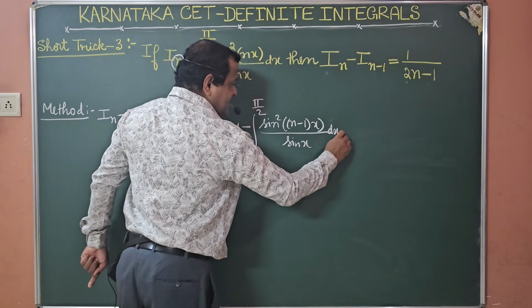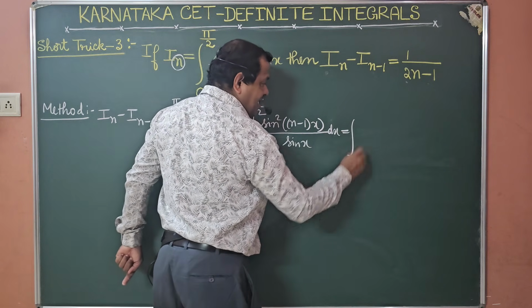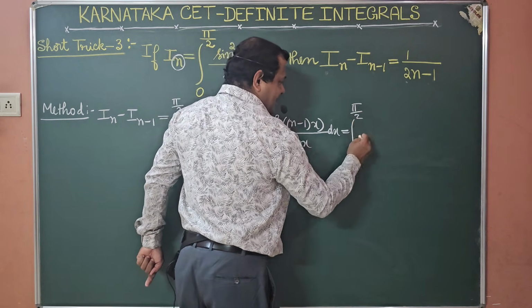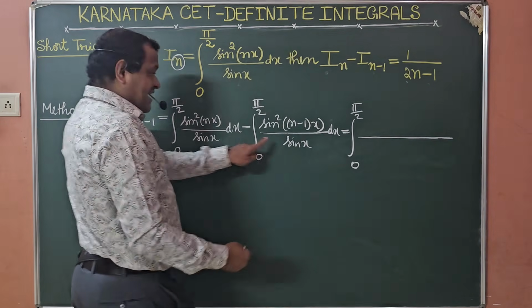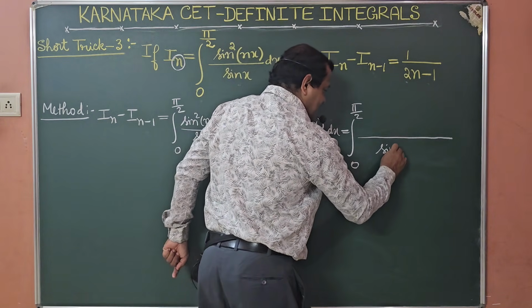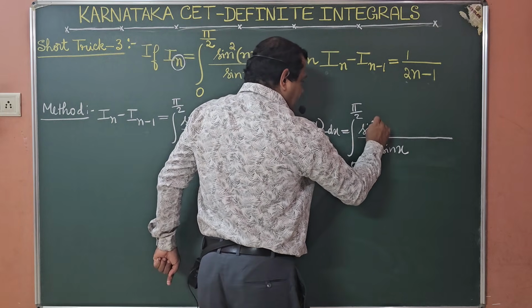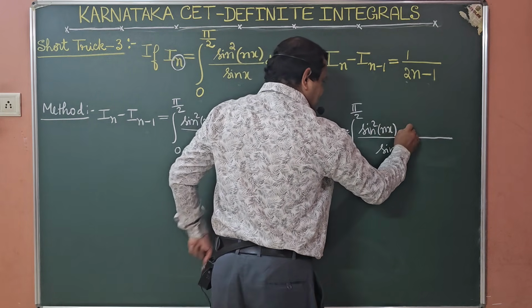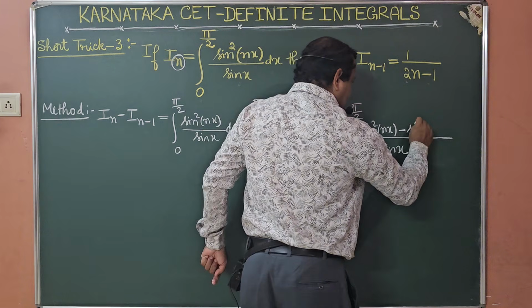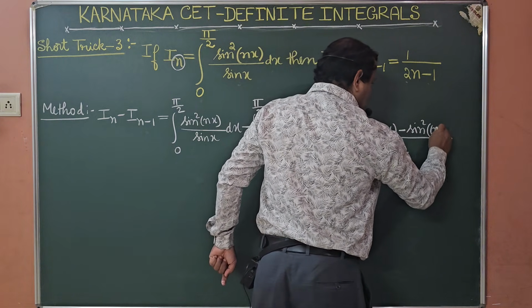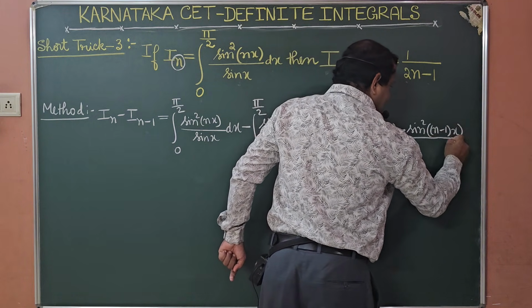Hence, this will come under single integral notation, with sin x as the LCM. Numerator is this sine square nx minus sine square of n minus 1 into x, dx.